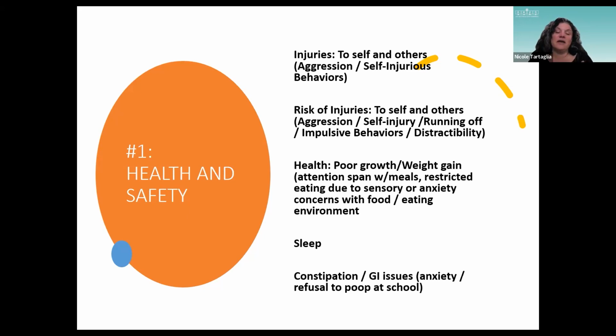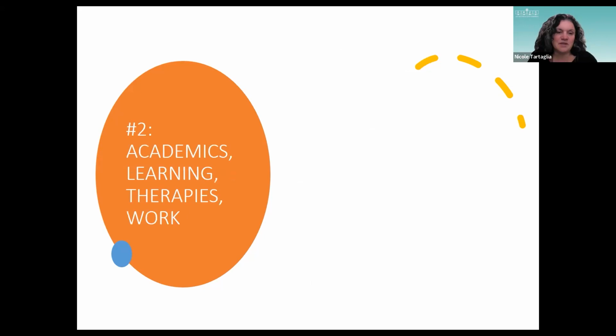And so because of subsequent GI concerns or constipation, that can cause concerns related to health. So it's always important to think about, is there a clear risk to health and safety? Has an injury happened, or is there a risk for an injury or some health and safety concern happening related to this?